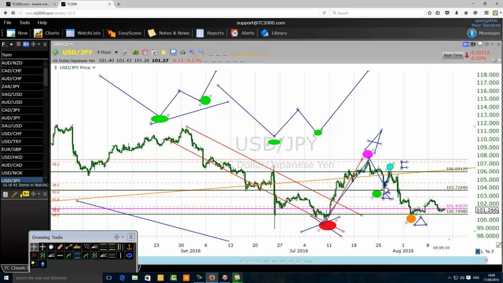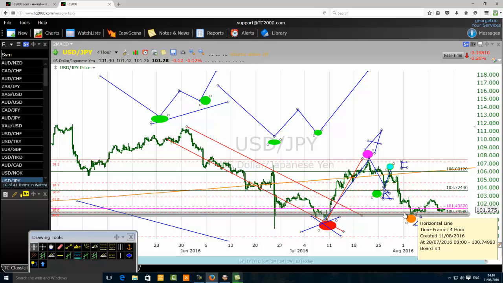The second critical verification is that the C to D should end in the zone of 88.6% Fibonacci retracement level of XA. So when we apply one more time the Fibonacci retracement from X to A, I already have it on my chart, the point D should stop at 88.6% Fibonacci retracement.